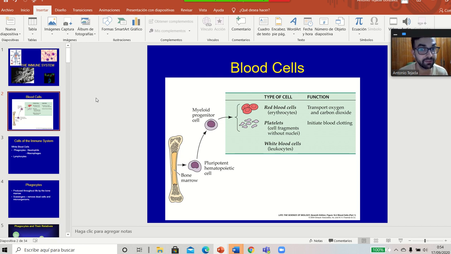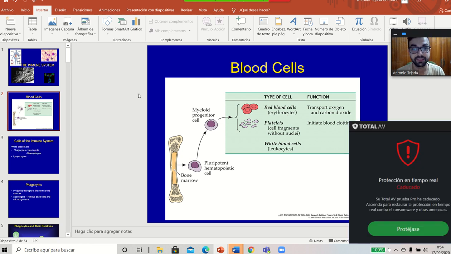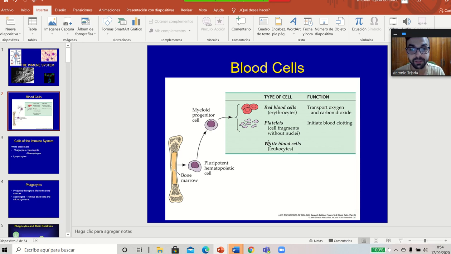People who don't have enough platelets in their blood, they suffer from hemorrhage because the blood clots won't be formed in these people. And then we have the white blood cells, and we'll go through them in more detail later on in the presentation.